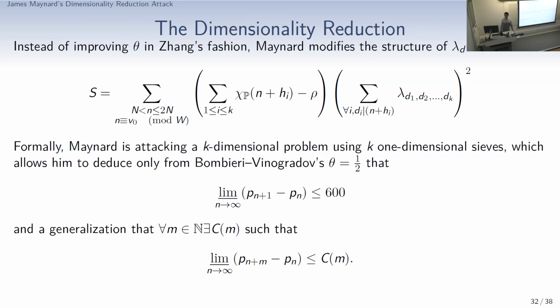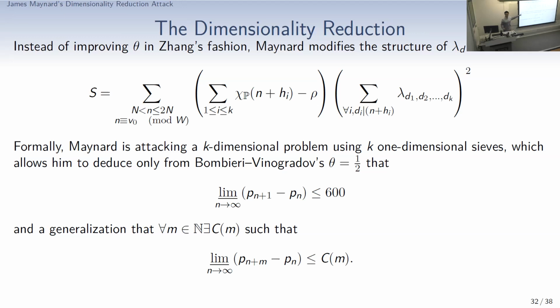And let's see how Maynard attacked this problem. In the GPY sieve and Zhang's sieve, this term is just lambda d, a single variable function. And just because that function is a single variable function, we can only produce bounded gaps when we make the beta greater than 1/2.